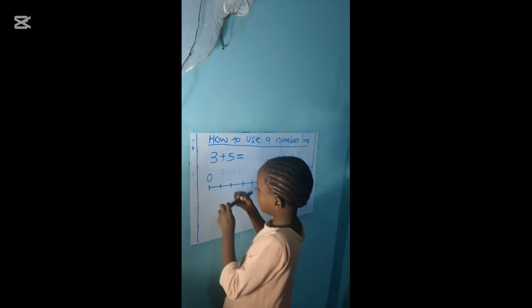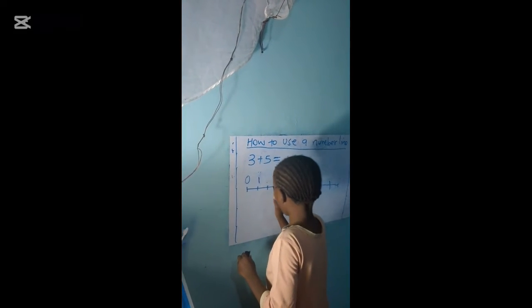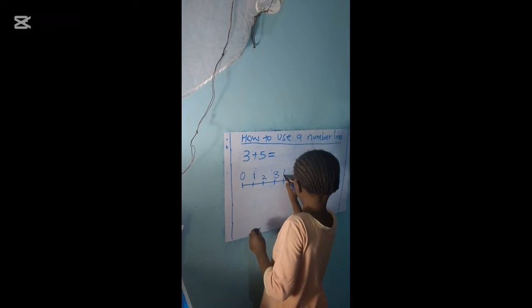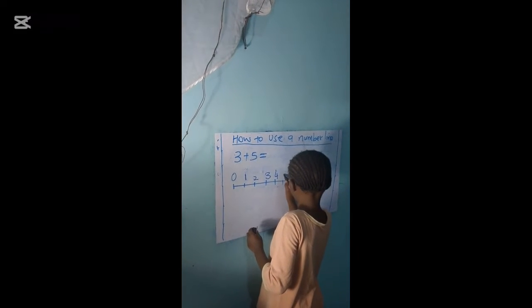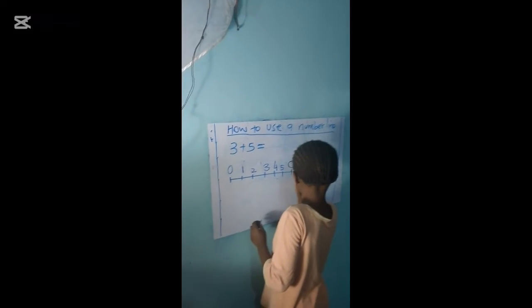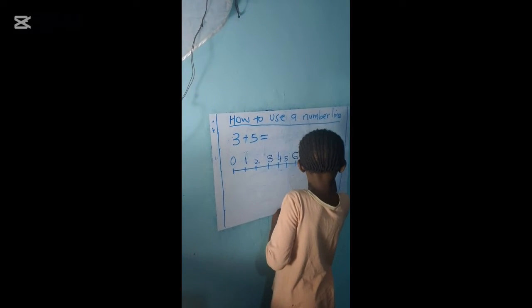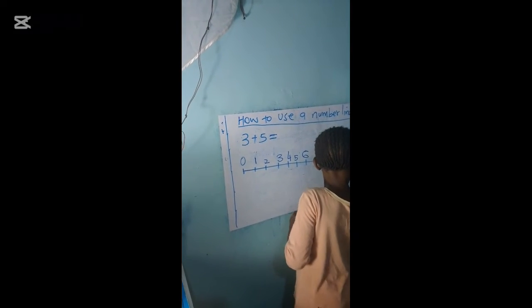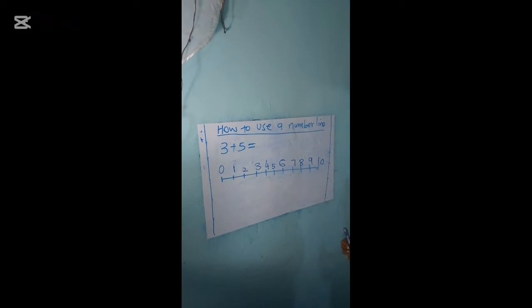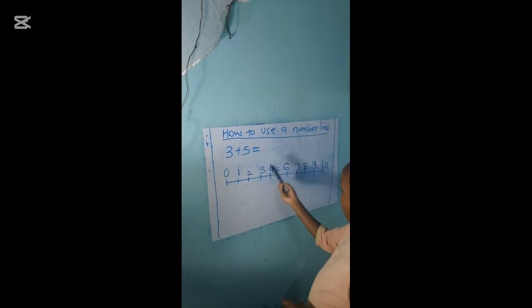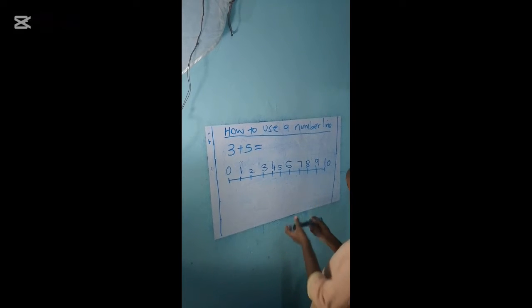You start with 0, 1, 2, 3, 4, 5, 6, 7, 8, 9, 10. Now we start with 3, 5 steps.